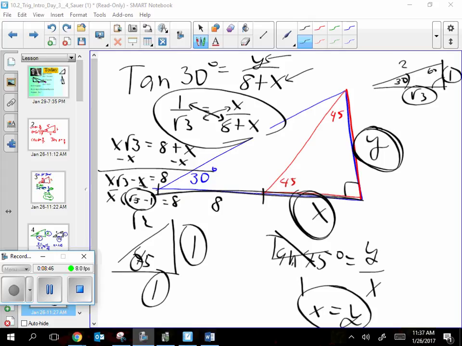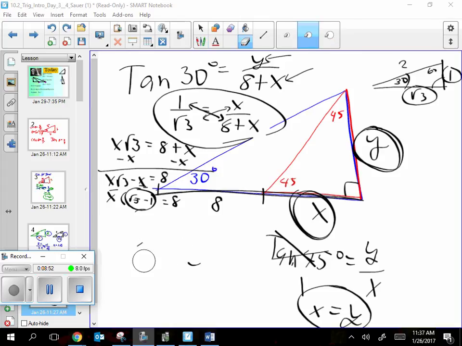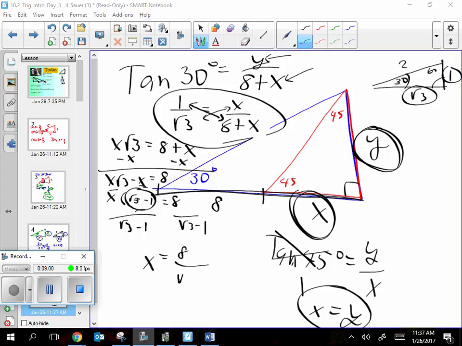So my final answer then would be x equals, getting rid of this classic triangle that I don't really need anymore, divide by root 3 minus 1. X is equal to 8 over root 3 minus 1. If I said I want an exact answer, you'd need to leave it like that.